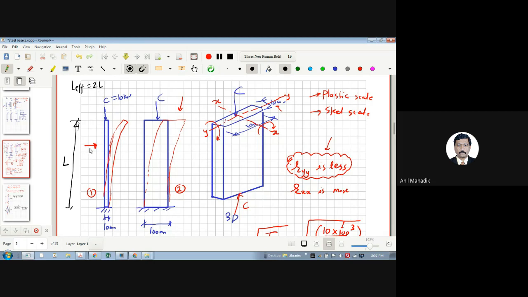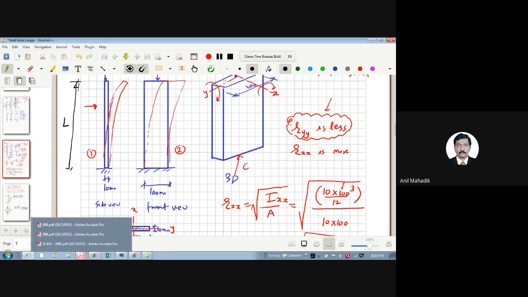So generally don't provide such a connection or member where the cantilever is in compression. Please don't do such cases. Don't put any cantilever in compression, otherwise it will buckle very fast, because this L effective is 2L, double L, right?